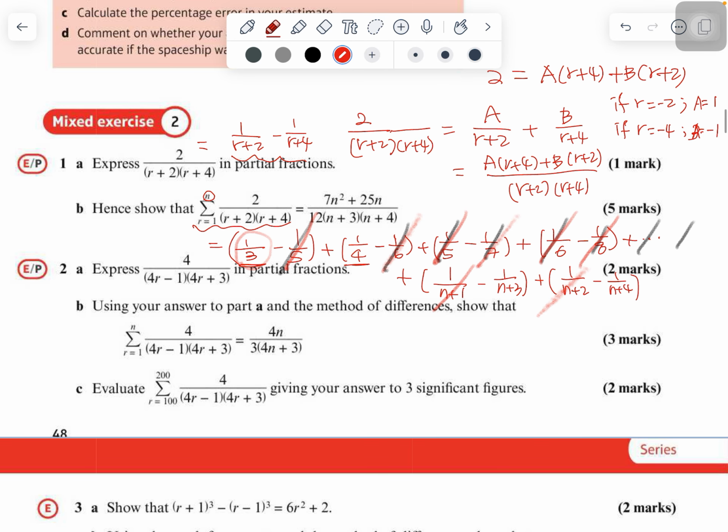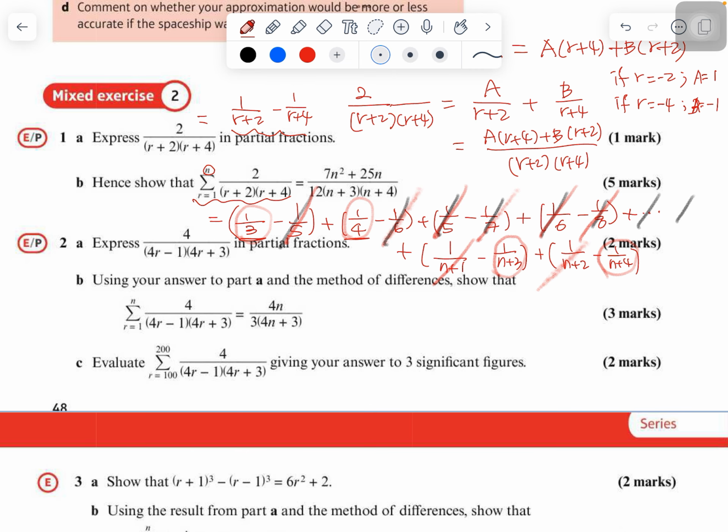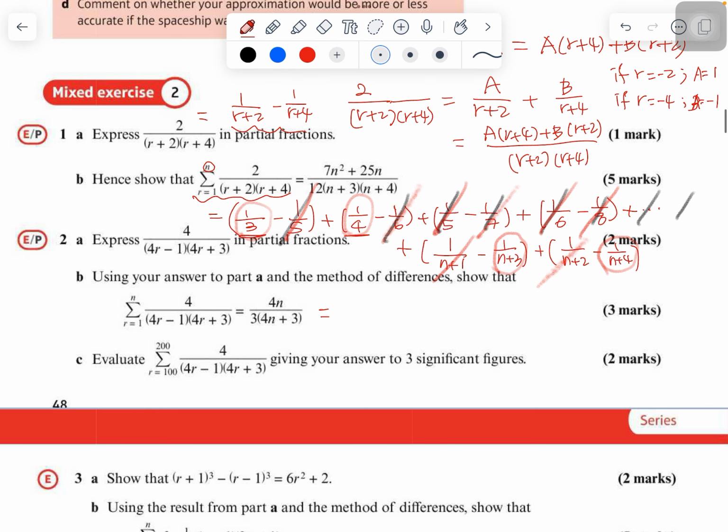So now we have 1 over 3, plus 1 over 4, minus 1 over n plus 3, minus 1 over n plus 4. When we make the common denominator, 12 times n plus 3 times n plus 4. The first fraction has only 3, so we need 4 and n plus 3, n plus 4.